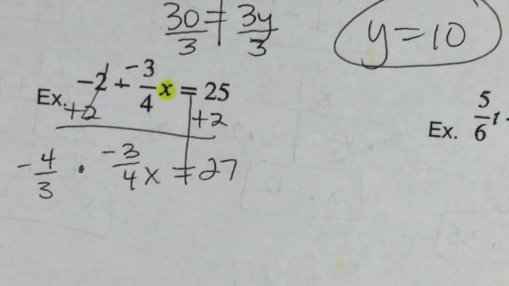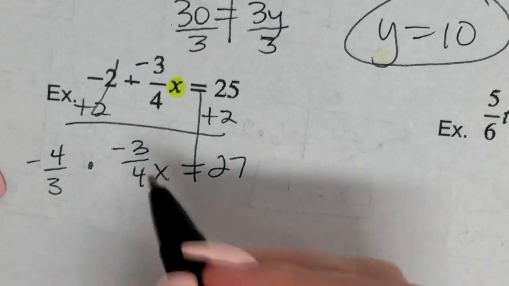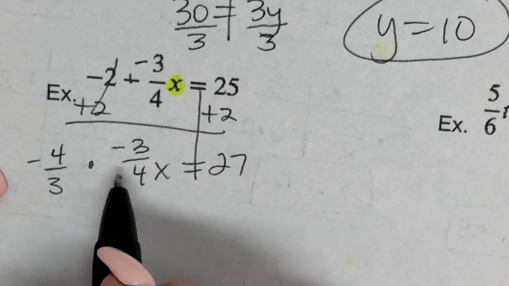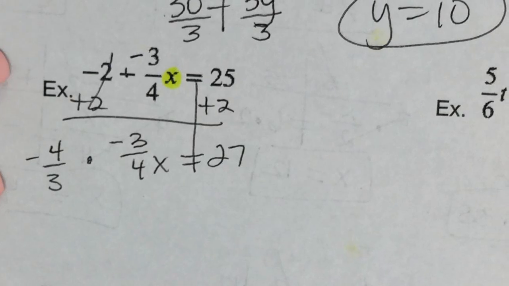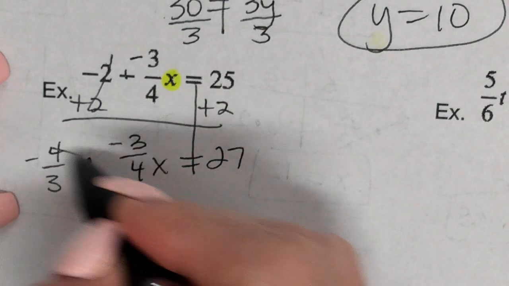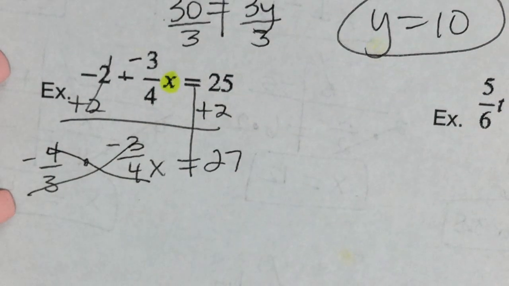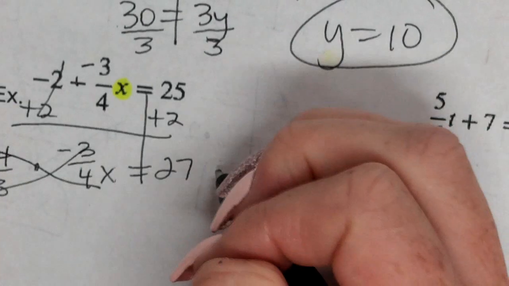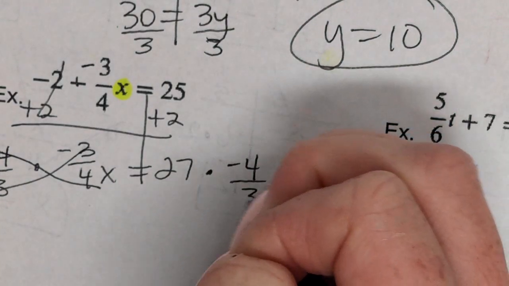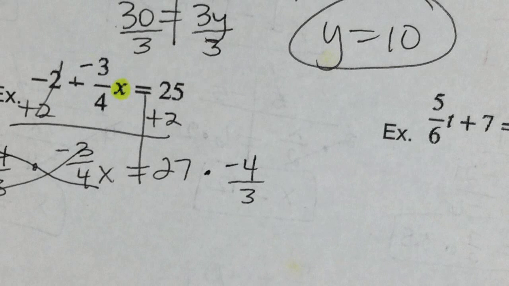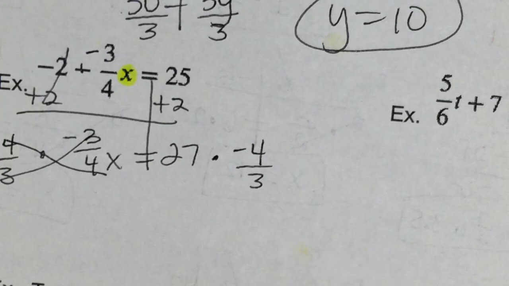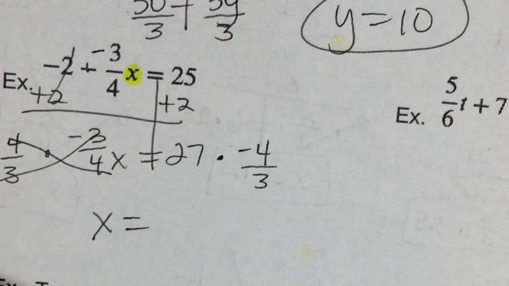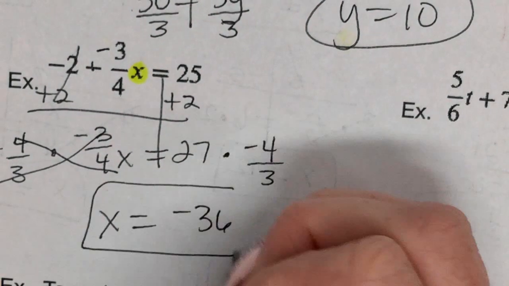If you want to divide, you have to use alpha y equals because the calculator knows to multiply by the reciprocal. But y'all should know, to cancel this out, I multiply by the reciprocal, meaning flip the fraction, because look what happens. See how it cancels out? So I multiply this by negative 4/3, or just divide by alpha y equals. It does not matter to me. So x is equal to negative 36.